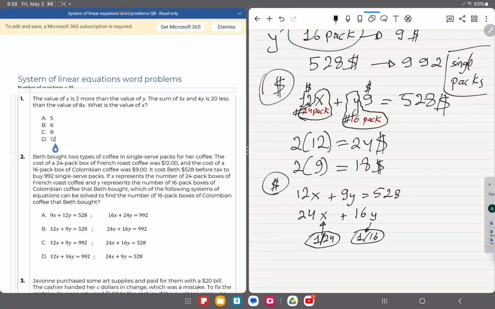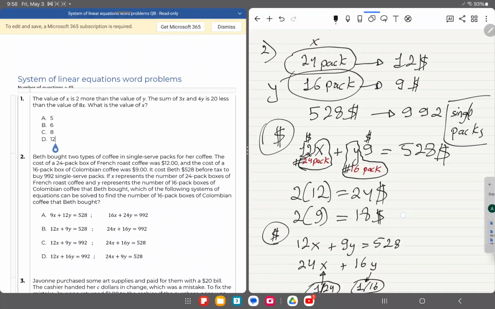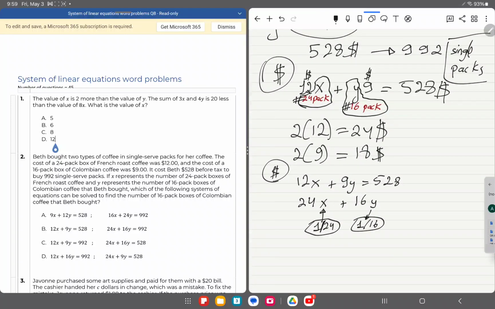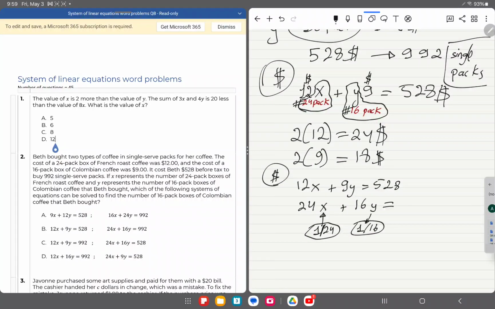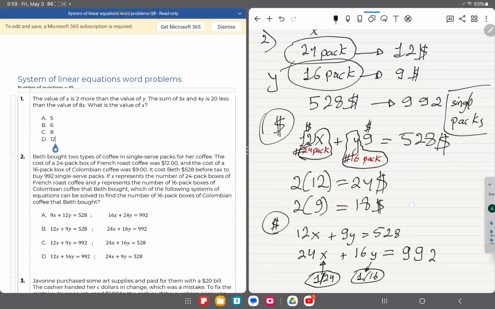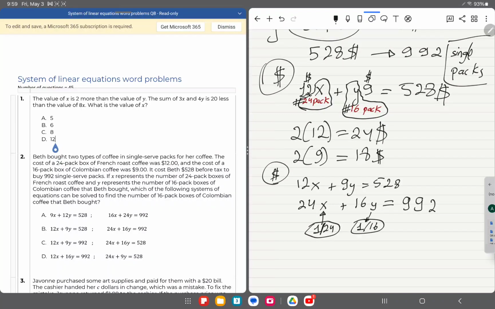If I got 24 singles of the 24 pack and 16 singles of the y pack, I'm going to have to write it as 992. So I'm counting the number of packs. So this is how I would write it: 24x plus 16y is 992.